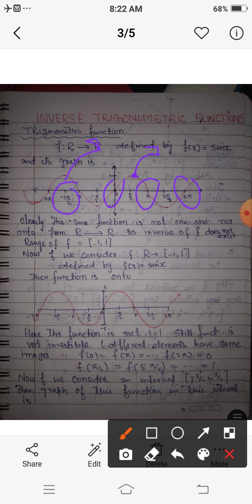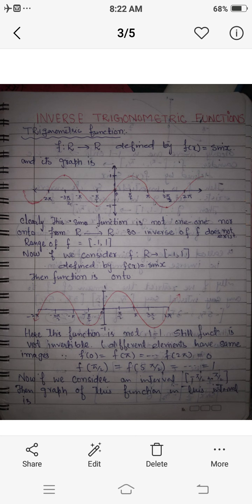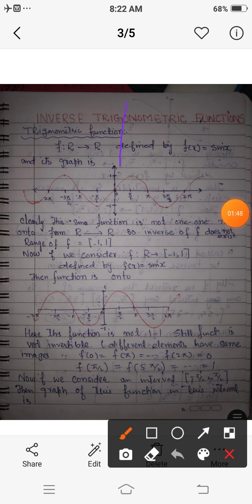So this means it is not a 1-1 function. Similarly it is not onto, because real numbers greater than 1 and real numbers less than minus 1 are not image elements.